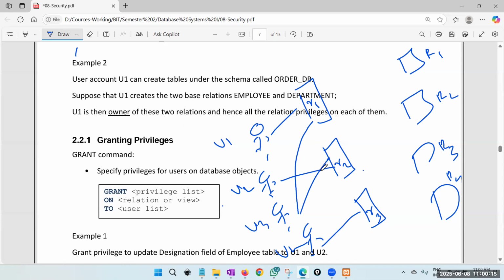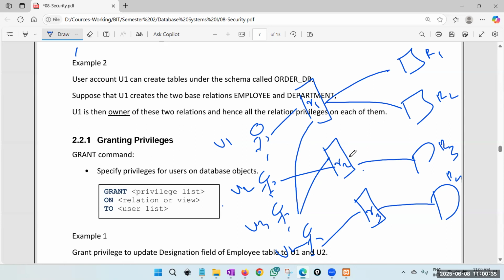So then, rather than giving users access to the resources, now access to the resources is given to the roles. Say role 1 can access these two. Role 2 can access only this. Role 3 can access this.